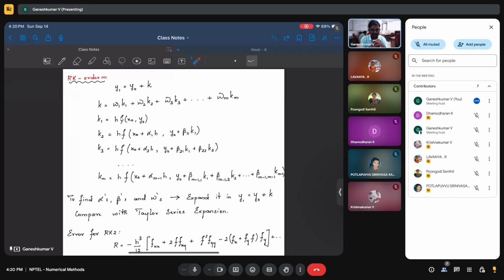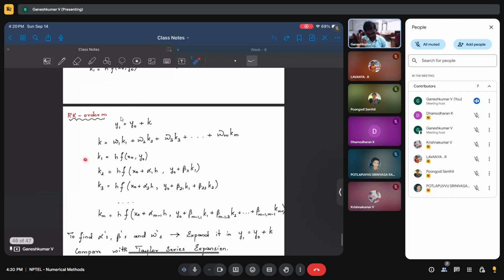So if I want to go with RK of order 2, then I will take only k1 and k2, whose constants that I need to evaluate will be omega 1, omega 2, alpha 1, beta 1. So 4 constants I need to evaluate, and the order is 2, so you will have 3 terms in the Taylor series expansion.